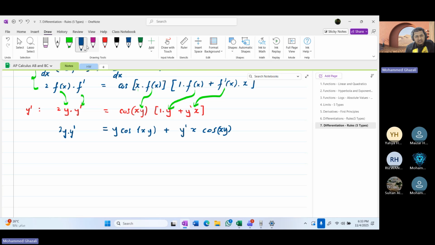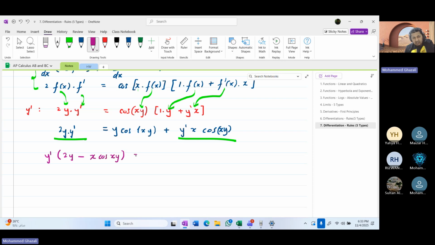Right, now you need to group all the y prime terms on the left hand side. So I will factor it out. I'll say y prime into 2y. Remember, if you bring this term over, it's going to become negative, and you can take out a y prime from there. You'll be left with x cos xy.